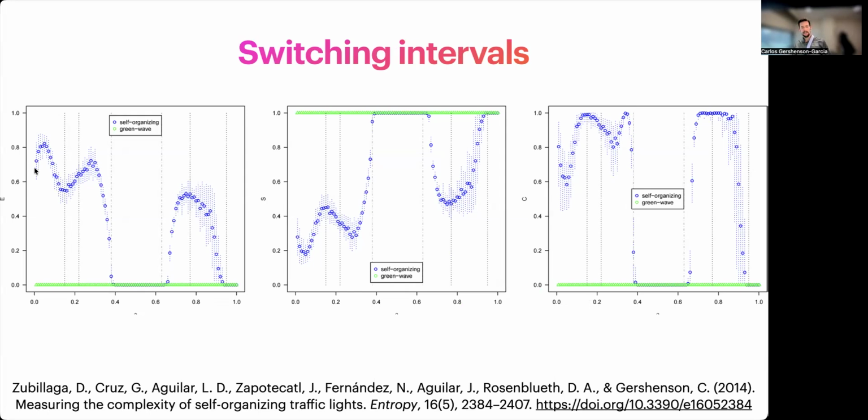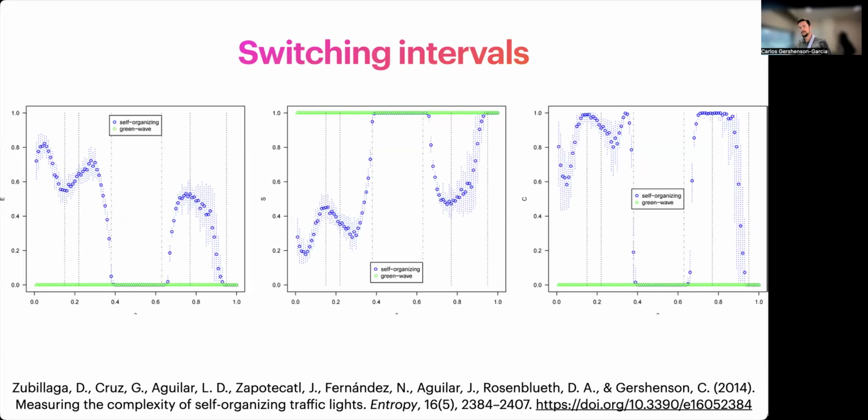The self-organizing traffic lights have high complexity for many cases, except for when you have medium densities, in the phase where you have enough demand so that there's always vehicles crossing every intersection.